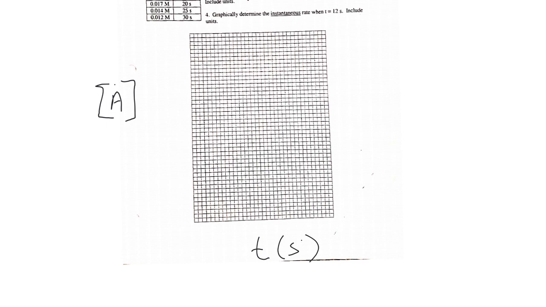All right, so now what I suggest that you do is that you make each of these little boxes along the y-axis there 0.001. All right, that's a 0.